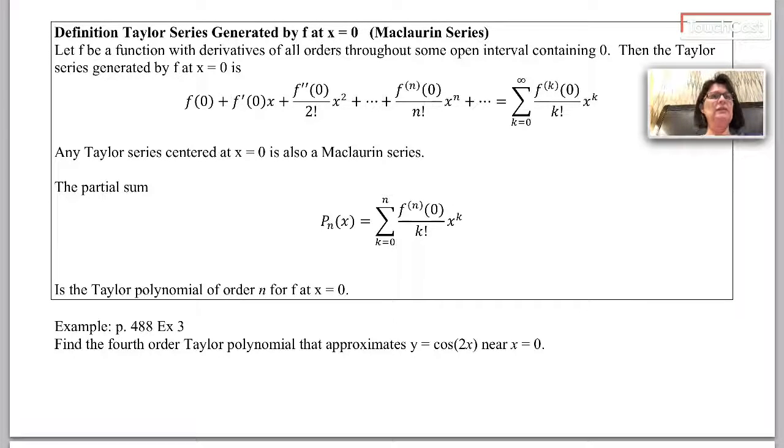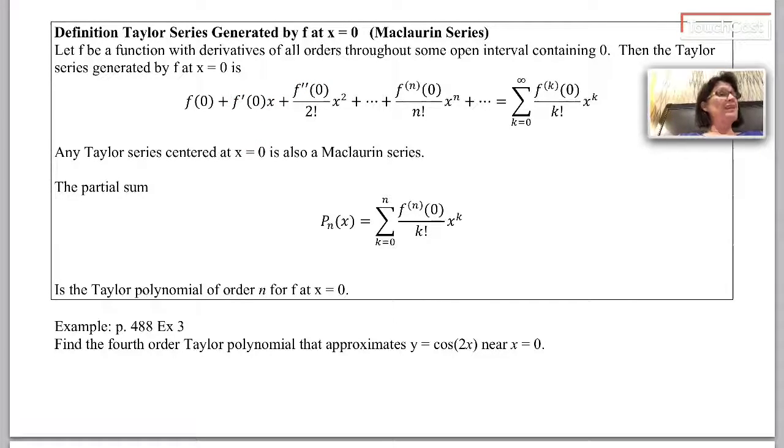F of 0 plus the first derivative of 0 times x to the first plus the second derivative of 0 over 2 factorial times x to the second. You can see these numbers show up again. So 1 divided by 1 factorial, 2, 2, 2. This would be the third derivative of f of 0 over 3 factorial times x to the third. So those numbers all match, which makes this pretty easy to remember.